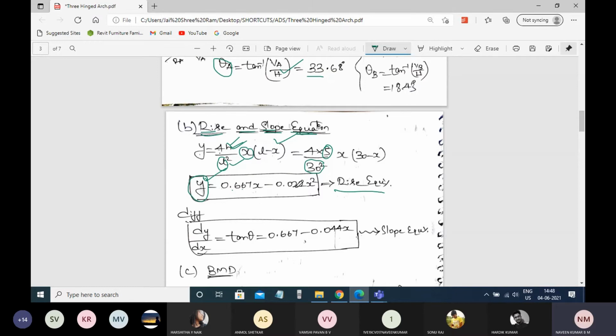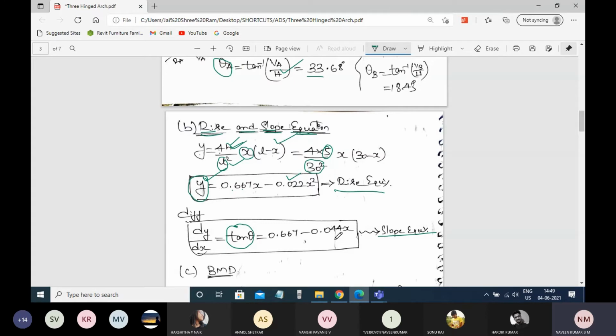Once you got this equation, if you differentiate with respect to x, then you will get tan theta. That is nothing but the slope equation. Differentiation of x equals 1, so that is 0.667 times 1, and differentiation of x square will be equal to 2x, so that is 2 times 0.022 equals 0.044.